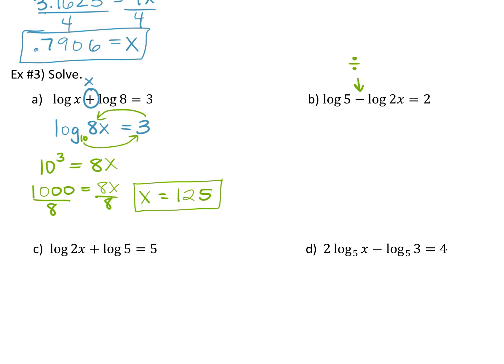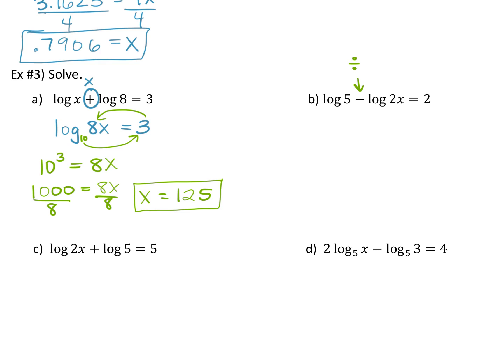So the x should be down here with the 2. So keep the x on the bottom. We're just going to change that. So it should be division. So this will be the log of 5 over 2x. So 5 here divided by 2, instead of a 10x, because it's subtraction.